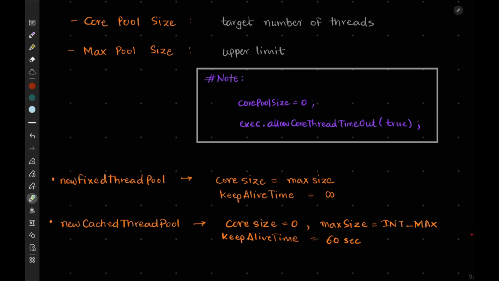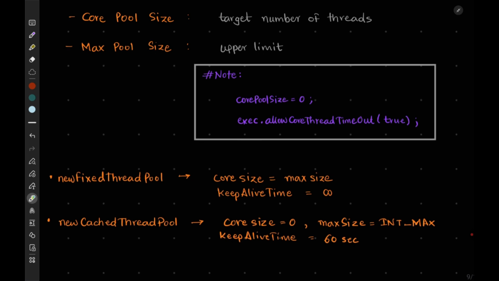That's probably not what you want. You can use allowCoreThreadTimeOut(true) so that even core threads can time out if they remain idle longer than keep alive time, solving this issue cleanly. A few more things to note.